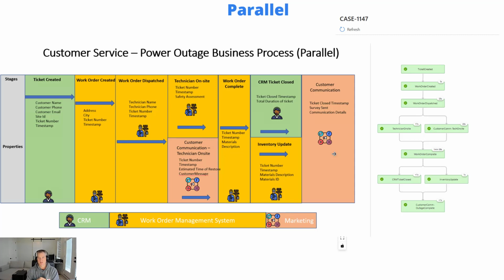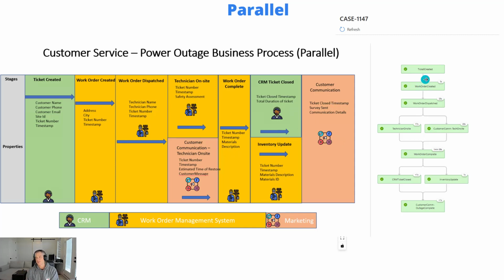Now, arguably, the customer communication could happen in the work stream of the CRM ticket being closed, because technically you wouldn't block on customer communication without updating inventory. But once again, more just for illustrative purposes to show you how we can fan out as we did here, and then how we can fan back in at the end.